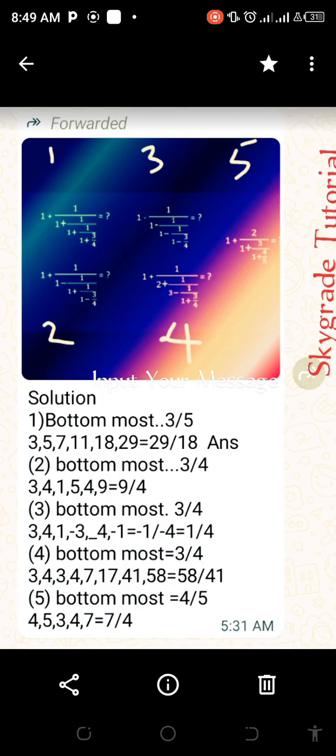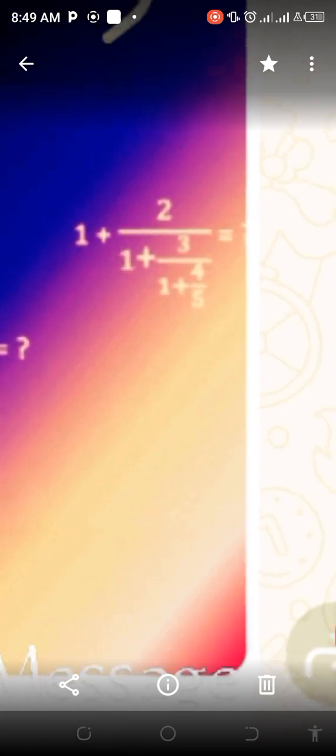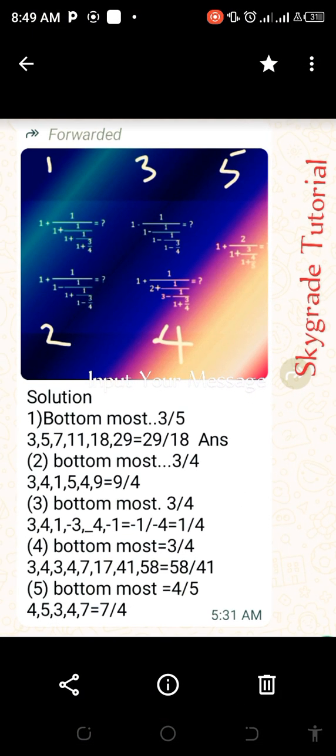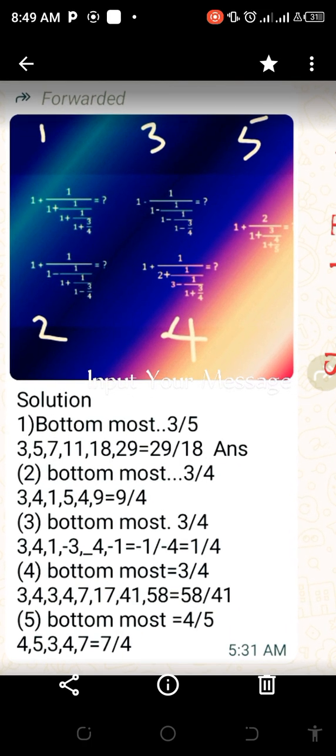Just as we did in the other one, we are going to divide whatever we get as the value of the first ladder by 3. And also, we divide whatever we get as the value of the second ladder by what? 2. So that is what we did here. From here now, the value of the first ladder is 5 plus 4, which is 9. 9 divided by 3 is what? 3. So the value of the first ladder is 3.